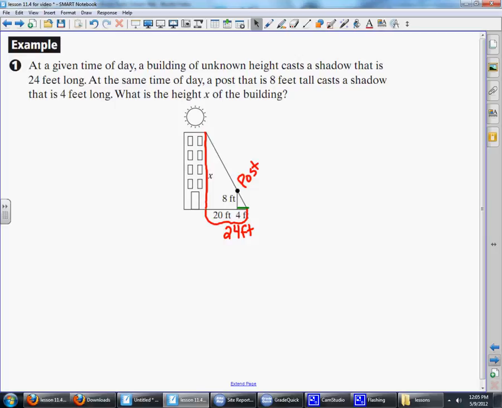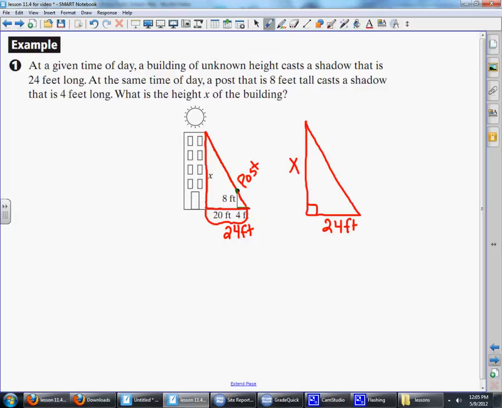So the first thing that we want to do is actually draw the two triangles and separate them. Here's the first triangle that includes the actual height of the building and its shadow length. We know that the shadow length is 24 feet, and we're trying to find this X, the height of the building.